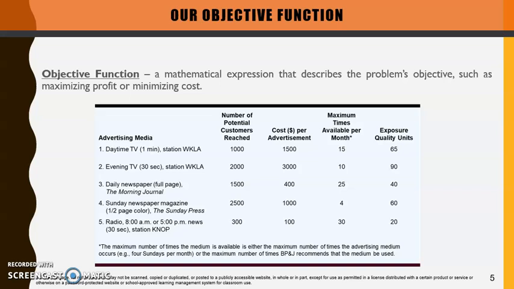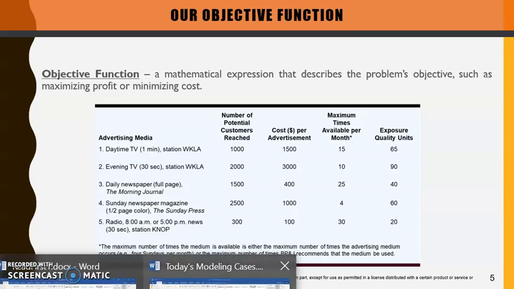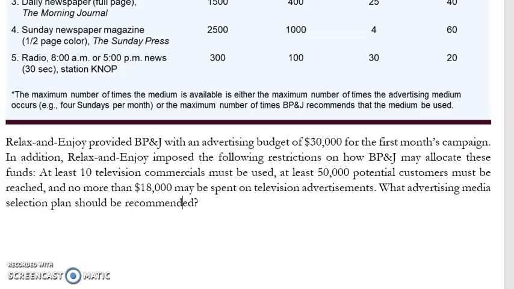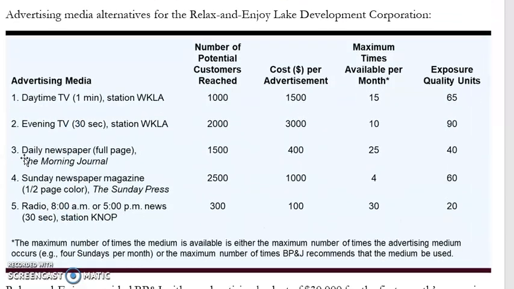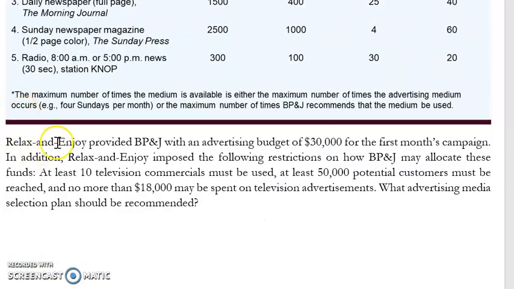Let me show you by reviewing again the problem, the case that is described here. Here it says about the budget. Relax and enjoy provided BPNJ with an advertising budget of 30,000 for the first month's campaign.